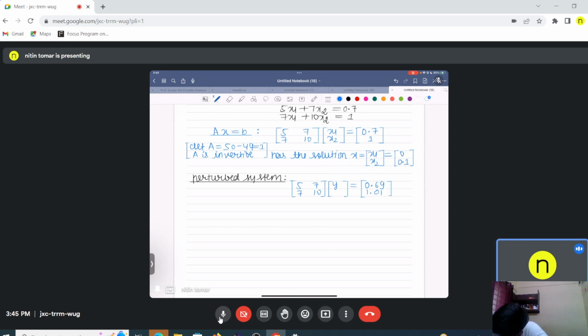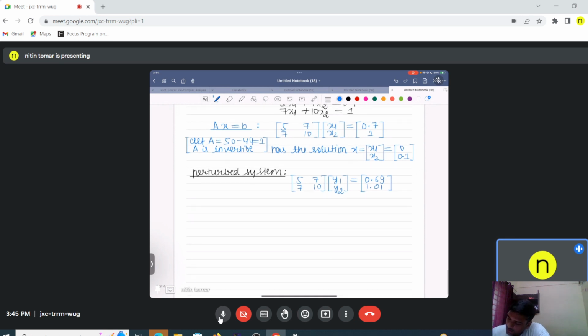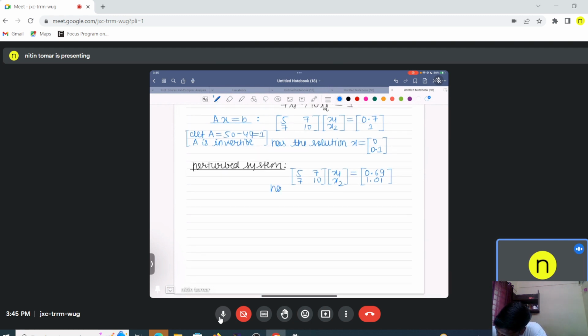And now you want to solve this system. Yeah. So now if you want to solve this system, I'm giving you the solution already. It has the new solution, let's say x tilde, to be minus 0.17 and 0.22.